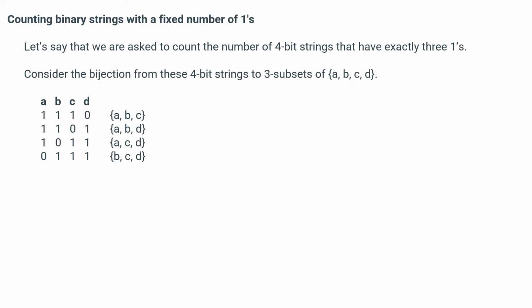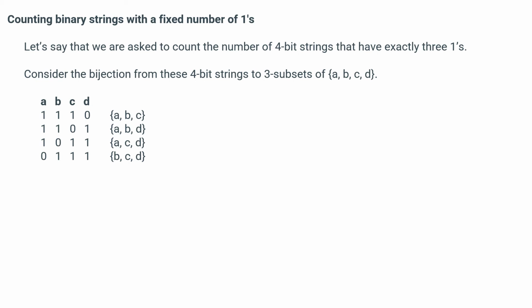The last one here, the first one is 0, but then the next are 1s. So that would correspond to the subset B, C, and D. Okay, so we are going to say that, yeah, here's a rule.